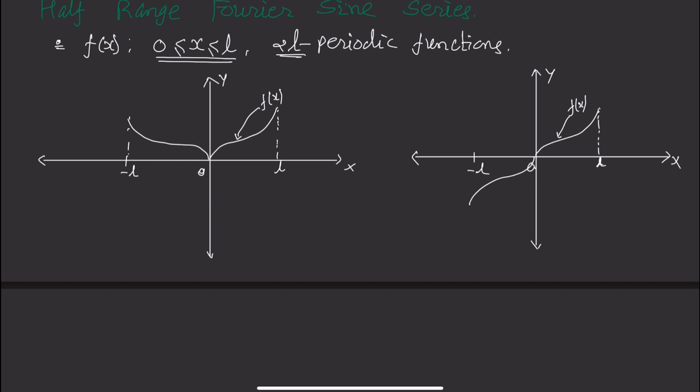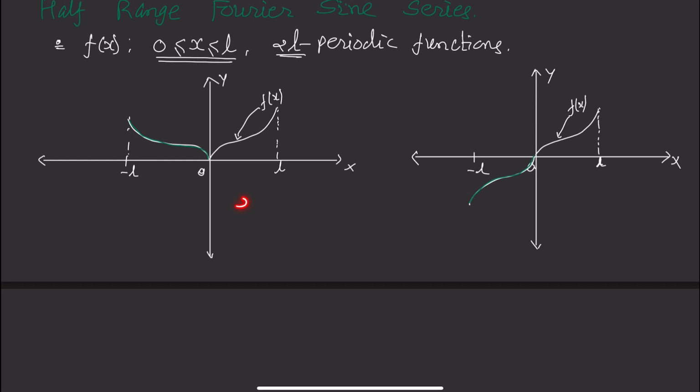Right. So this is our assumption, that suppose f of x is even. Here our assumption is suppose f of x is odd. These are the only two possibilities we have. So in this case, f of x now is defined on minus L to L, which is an even function. Here f of x is defined on minus L to L, which is an odd function.